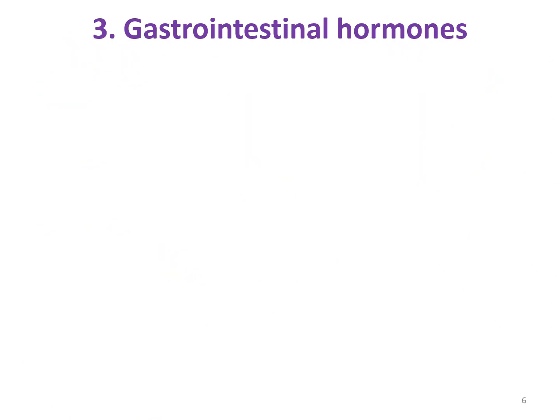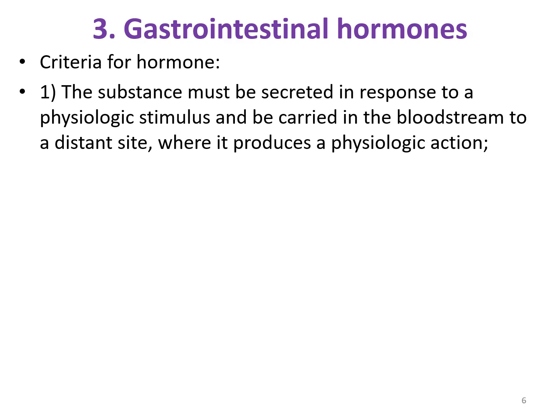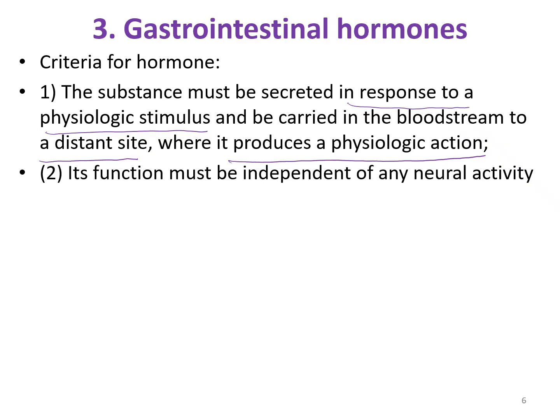The gastrointestinal hormones must meet three criteria. Number one, the substance must be secreted in response to a physiological stimulus and be carried in the bloodstream to a distant site where it produces its physiological action. Number two, its function must be independent of any neural activity.